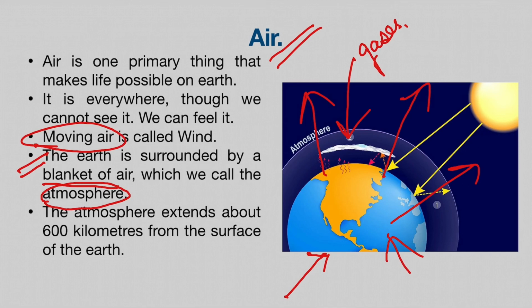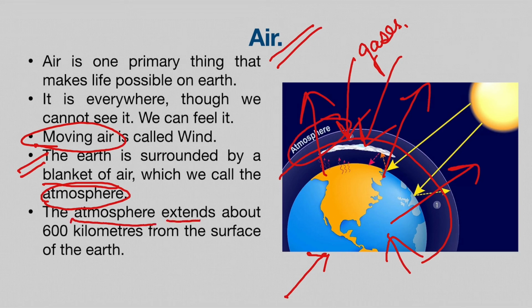Plants won't have carbon dioxide to do photosynthesis. So it is because of the atmosphere all these air are locked inside in this circle, and this sphere that surrounds the earth is called atmosphere.